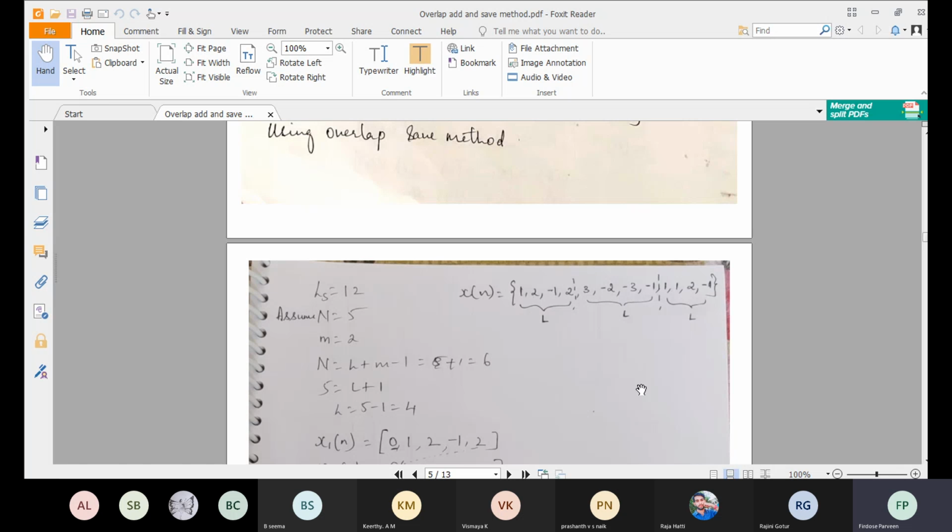There is one equation, N is equal to L plus M minus 1. So what you will be getting: L is equal to 5 minus 1, that is equal to 4.